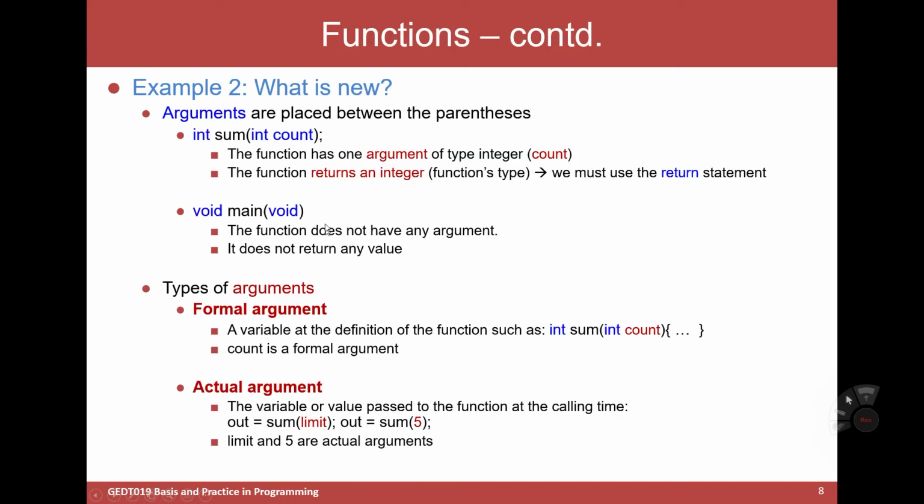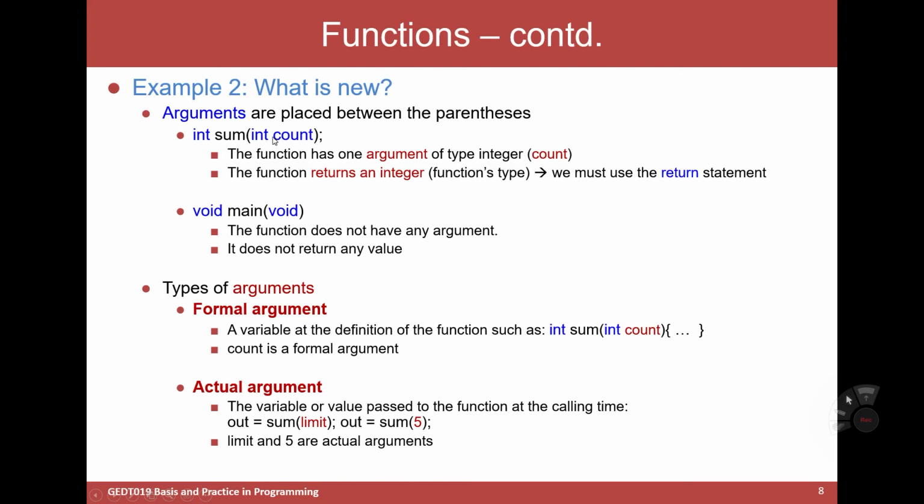This is just a summary of what I told you before. Sum receives some input and there is output. The input we call arguments. So here count is an argument. If you hear me say argument later, like argument count, you know that argument means the input for the function. We also call them formal arguments.